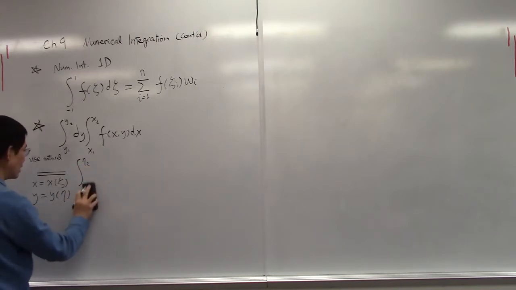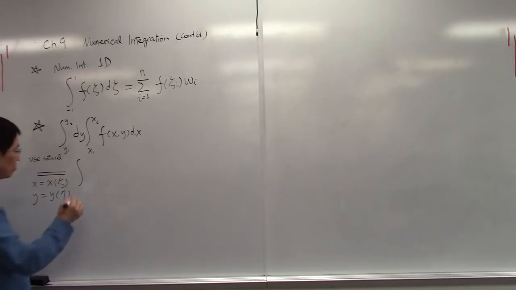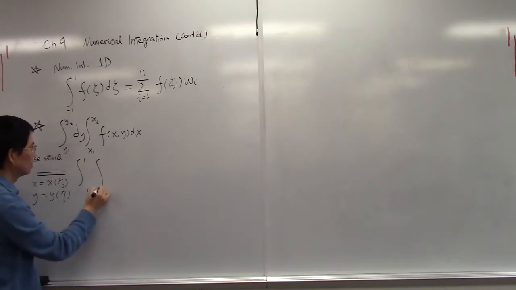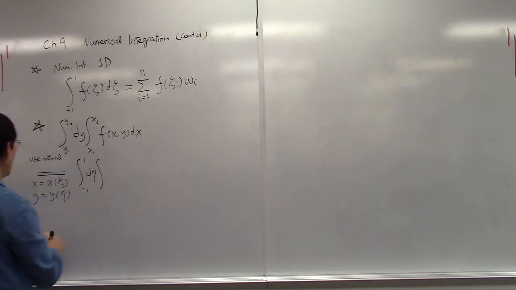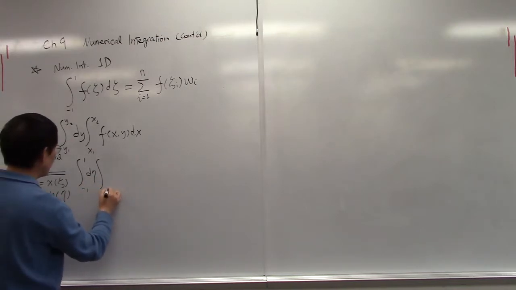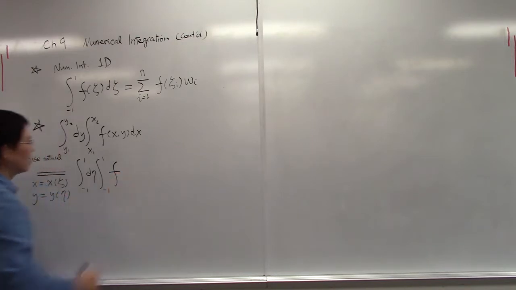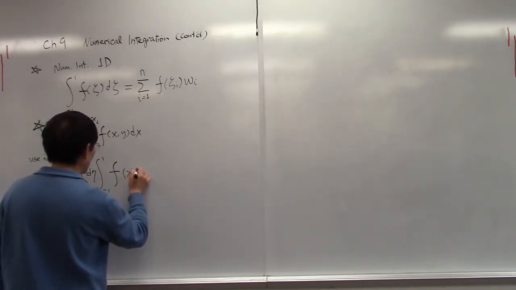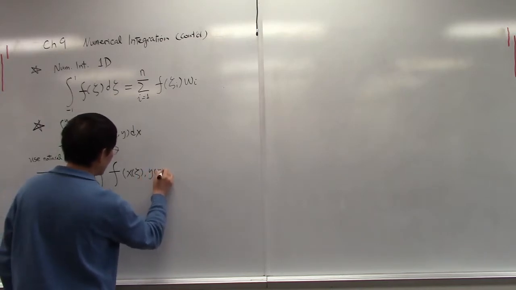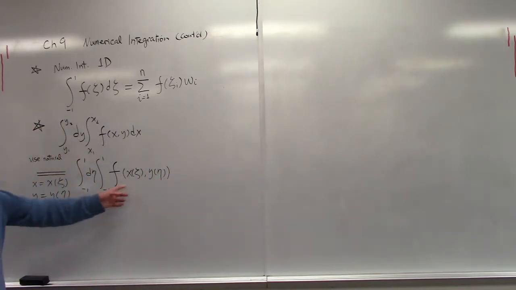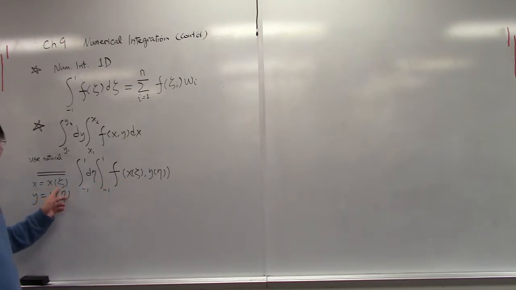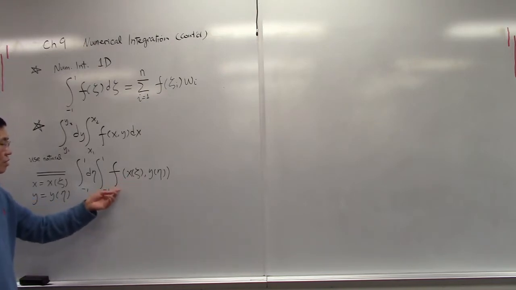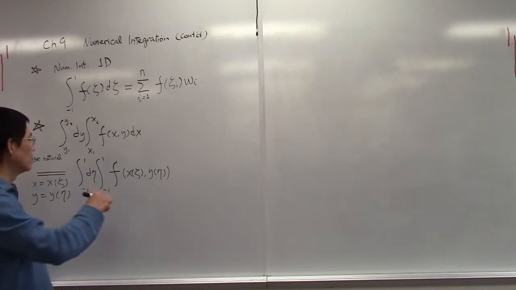But because eta 1 and eta 2 are natural coordinate, the limit will be from -1 to 1. So this is the eta. And the limit of theta will be also from -1 to 1. And then here, the function is transformed to be a function of theta and eta, like this. Okay? So when you substitute x as a function of theta, y as a function of eta in here, of course, function f becomes a function of theta and eta.